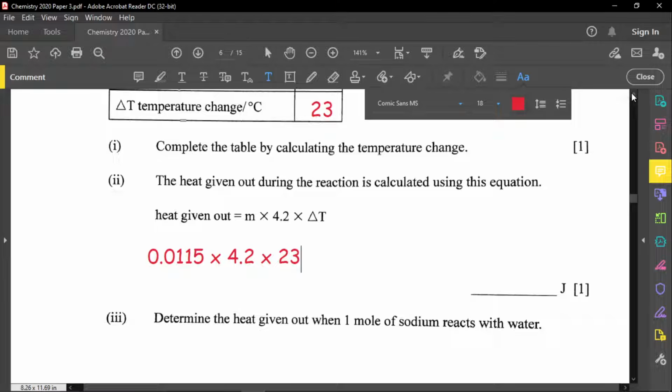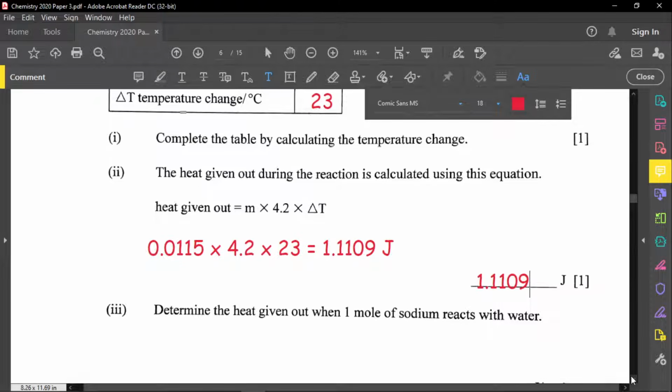That gives us 1.1109, in joules. You can round to 3 decimal places or 2 decimal places based on preference, or if the exam asks you to.